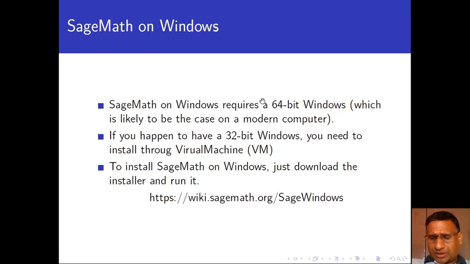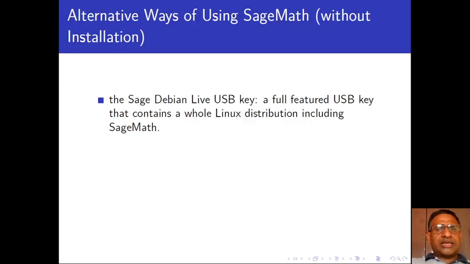So in case you are unable to install Sage, or you don't want to install Sage in your operating system, you can also use other online options, or you can run Sage from a USB key.